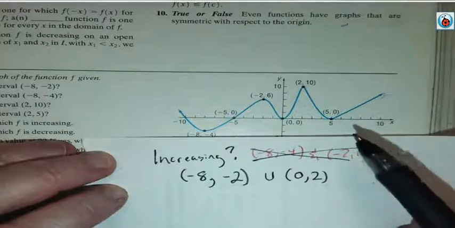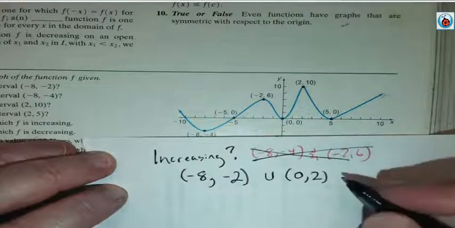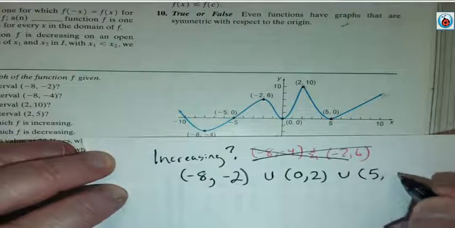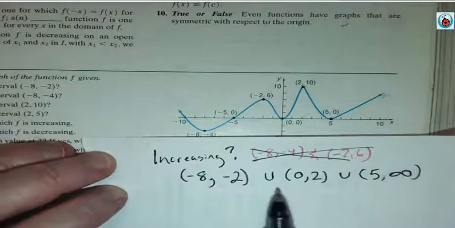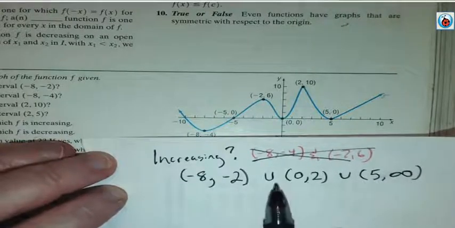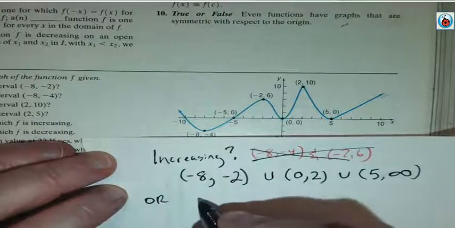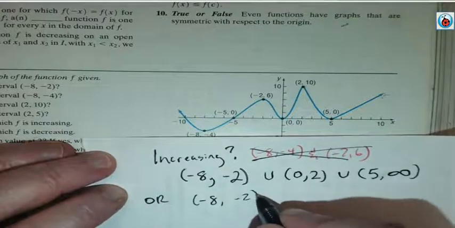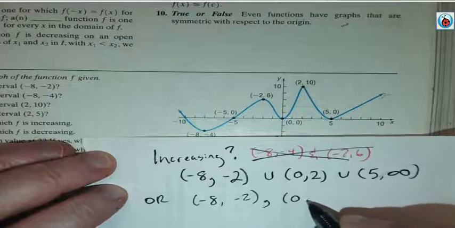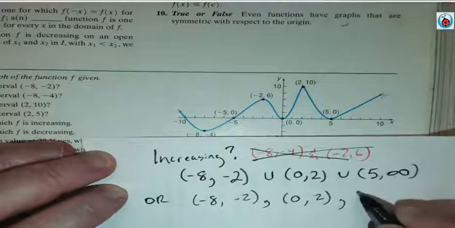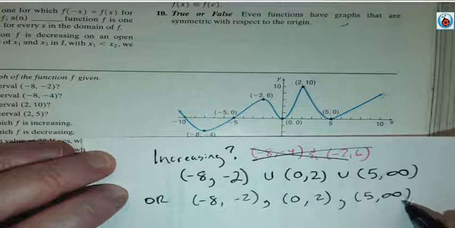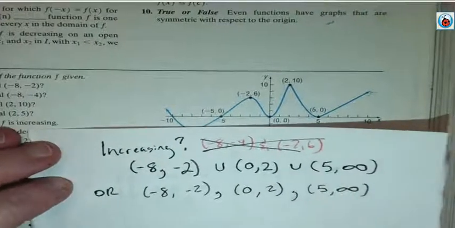So this happens once x is bigger than 5. Now, some textbooks will separate these three intervals with the union symbol, or some will just write those down with commas. Understand, these are not points, these are open intervals.